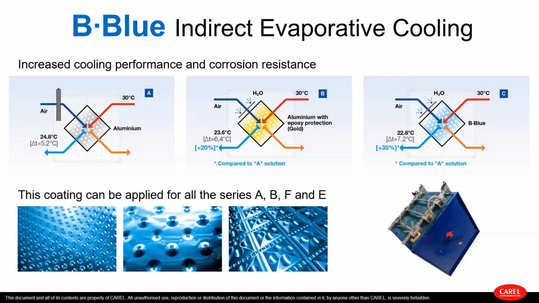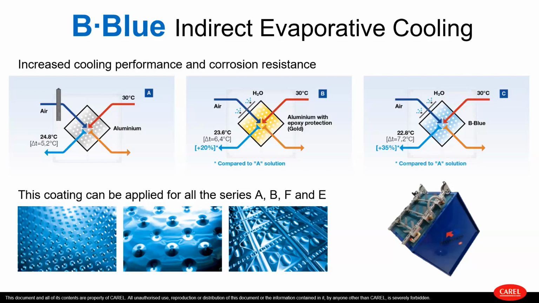Since the wetting of the plate is the key to improving the performance of the system, we worked a lot to increase the wettability of the plate. And we developed a coating which is called B-Blue.